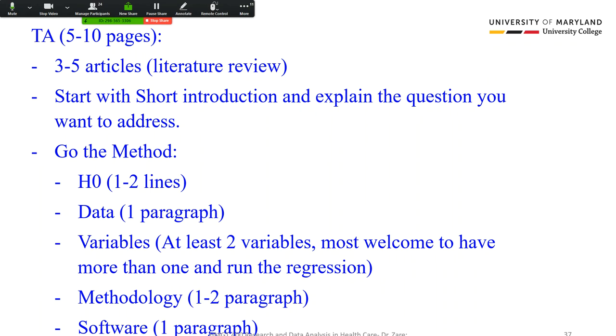Then you're going to go with the variables. Discuss the type of variable you are using, whether it is a continuous variable or a categorical variable, and the name of the variable. For example, if you are going to compare the mammogram rate between the black and white populations, you have 2 continuous variables. Each variable is a percentage, and this is a continuous variable.